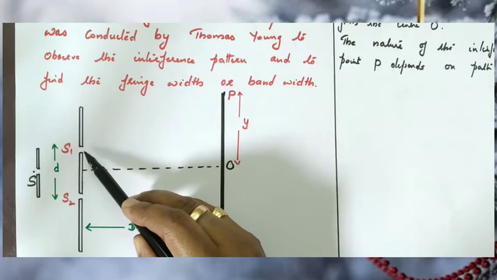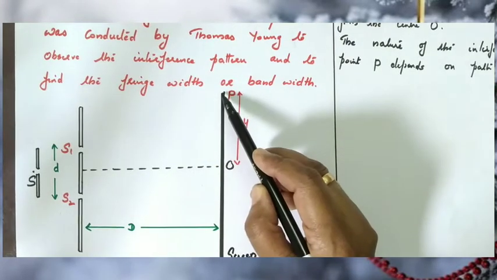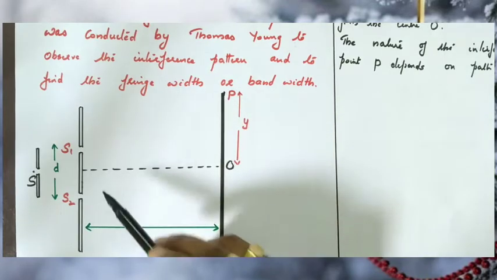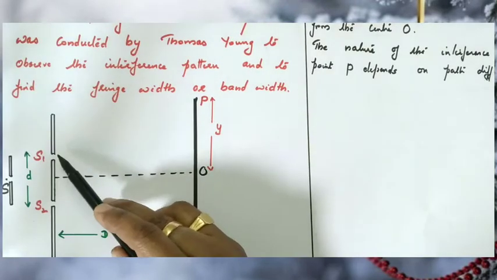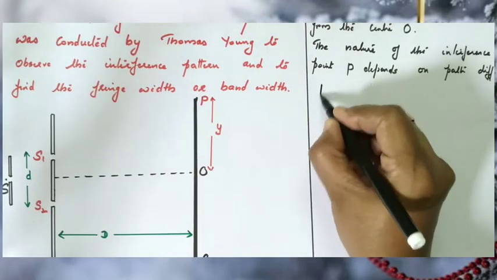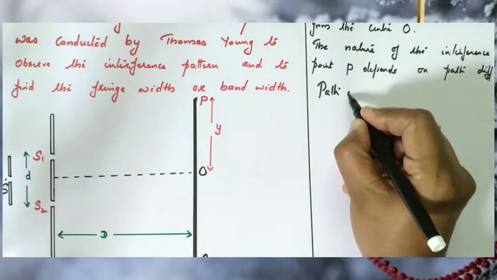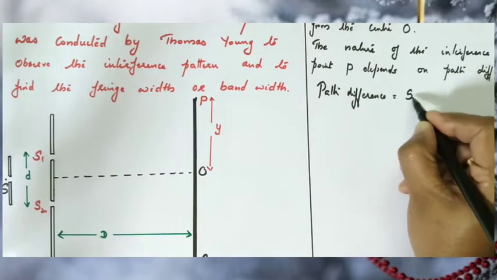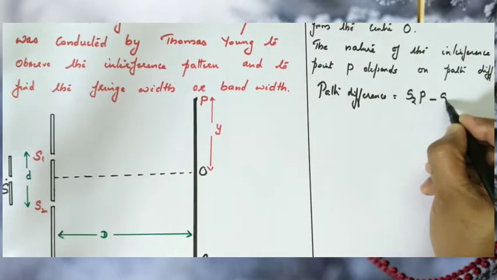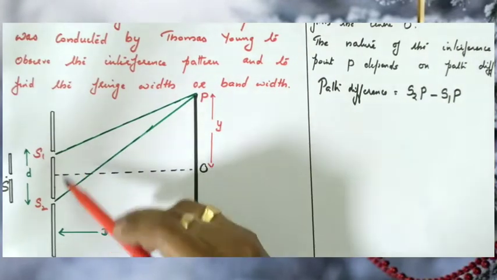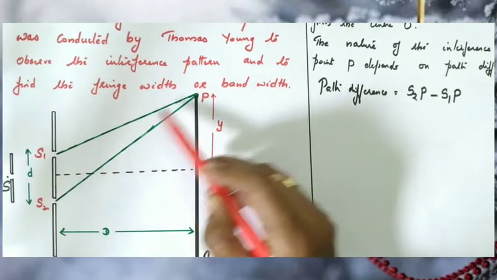Light waves from S1 reach the point P, and light waves from S2 also reach the point P. So, what is the path difference between the light waves from S1 to P and S2 to P? Path difference is equal to S2P minus S1P.